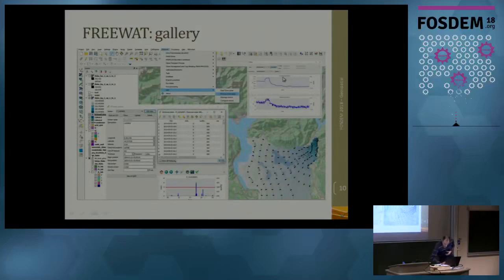I think this one was the simulated, and this one is the observed heads at that monitoring well. So this is also very nice to have a very direct link between your monitoring data and your model output. And of course you can use QGIS itself to make nice maps, etc. of your results.